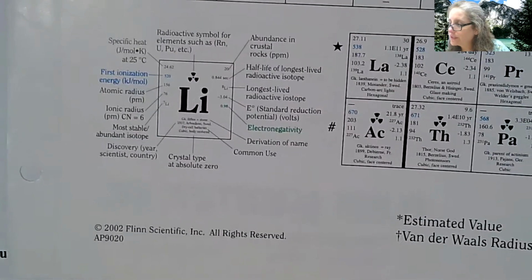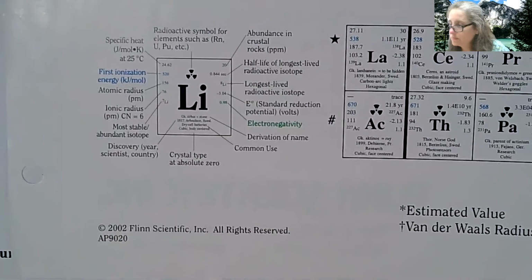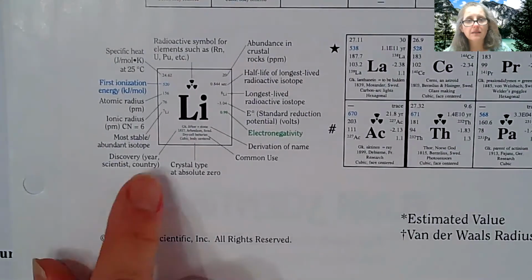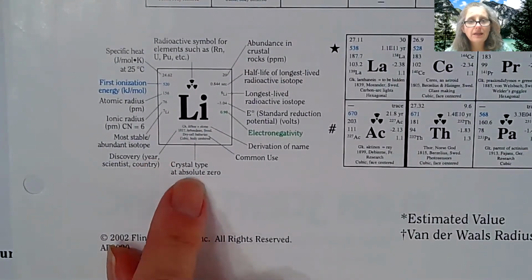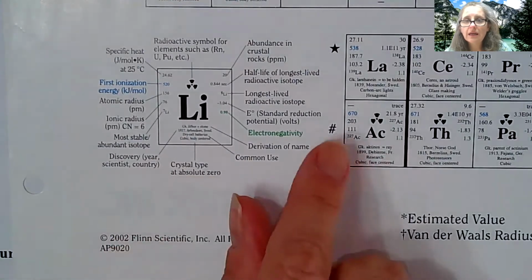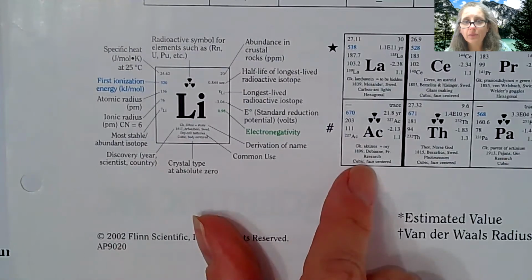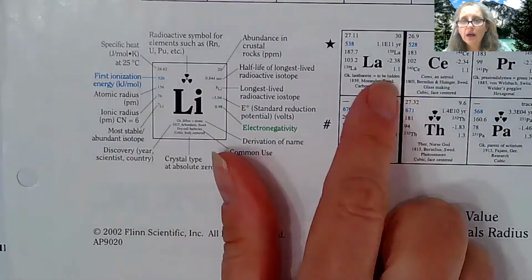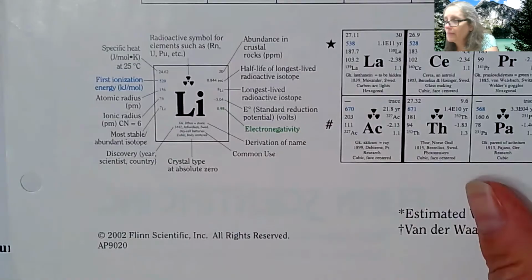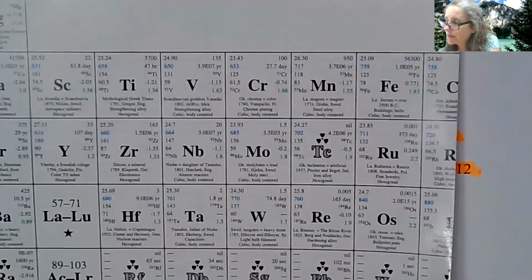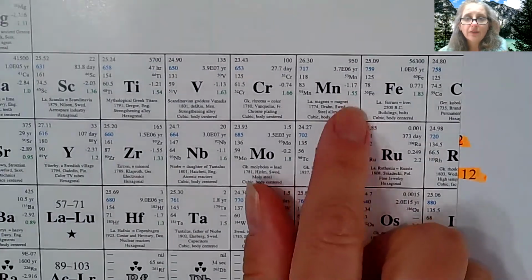If you have your Flynn periodic table and you flip it to the side that has this particular key, you will see down here it will have what they call the crystal type. So you could see even over here on the right, cubic, face-centered, hexagonal, and there's some other ones out there that we just don't cover.